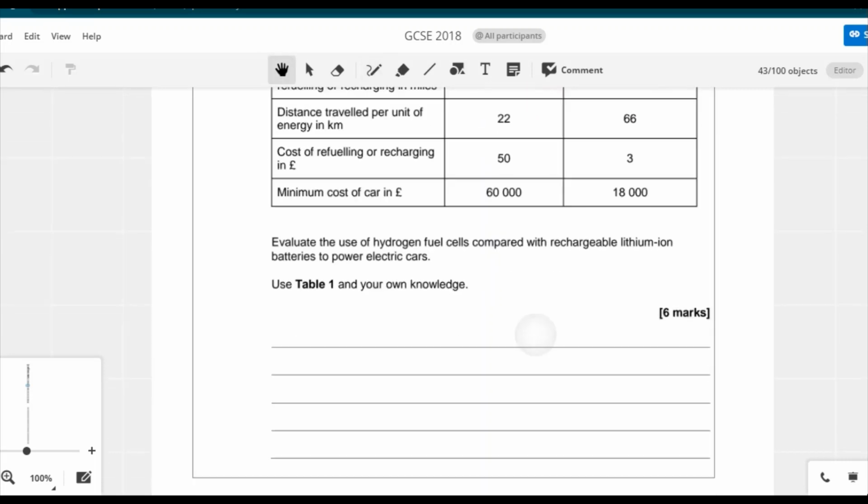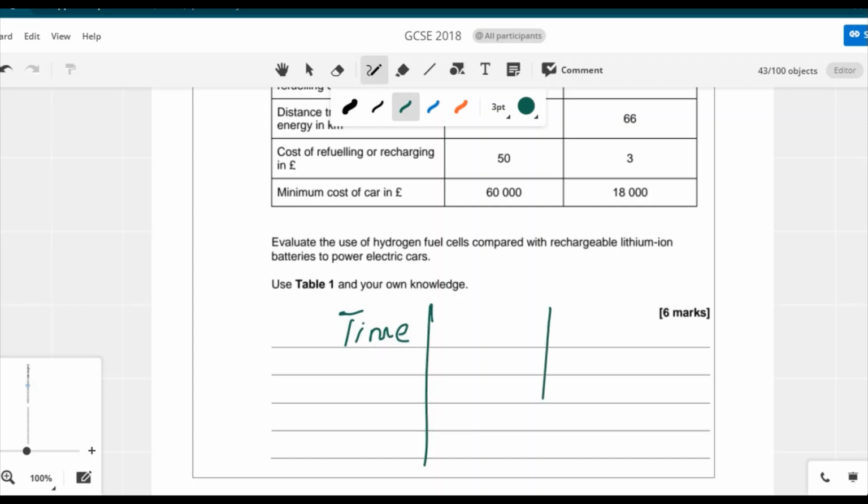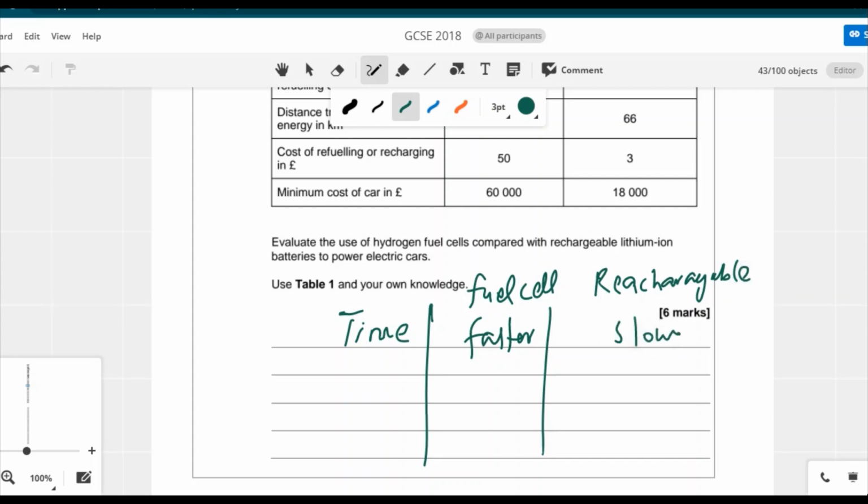So first, in case of time, I am going to write that the fuel cell is faster, while the rechargeable lithium ion batteries are slower. That is the first case.